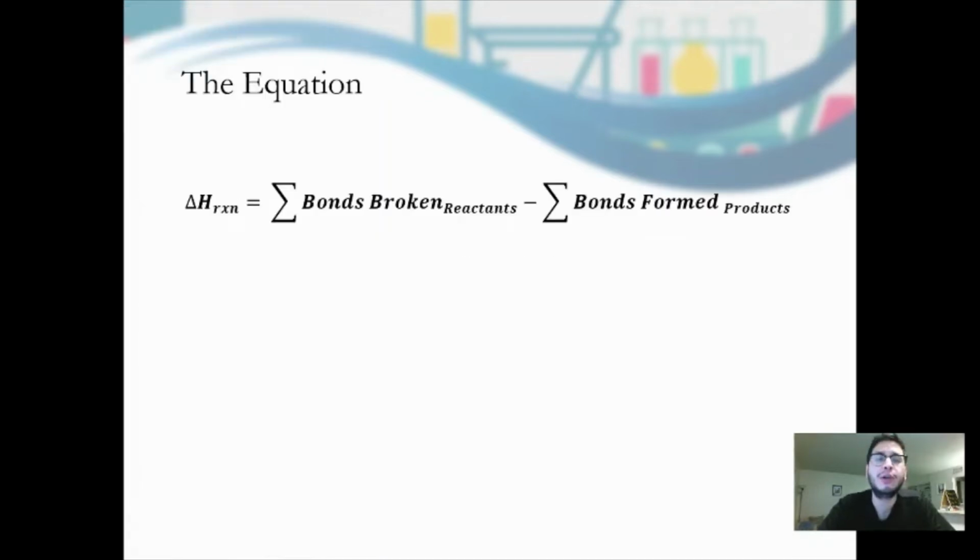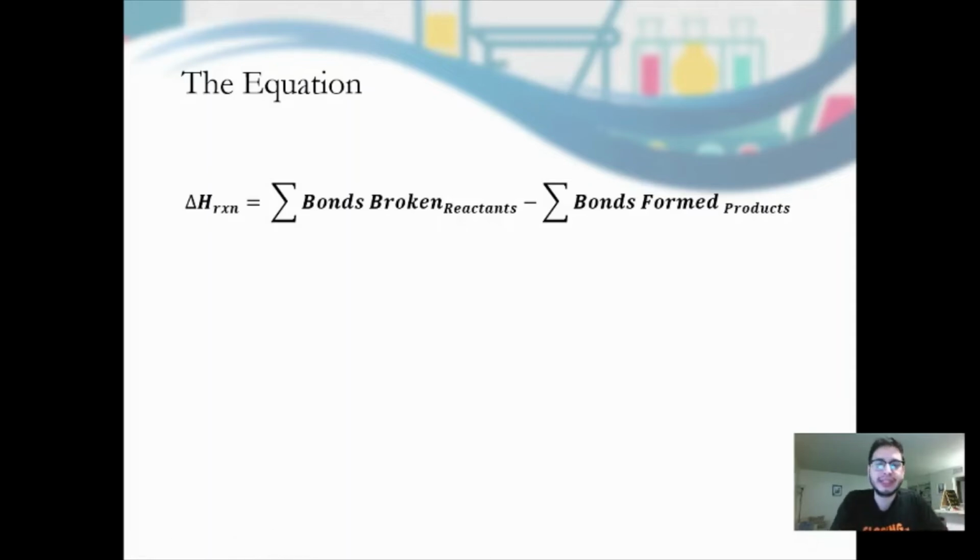This is the equation that we will be using to determine the change in energy of a reaction. We're going to sum all of the bond energies of the reactants and subtract all of the bond energies of the products. I know this weird looking symbol might look scary at first, but it's another Greek letter called sigma.